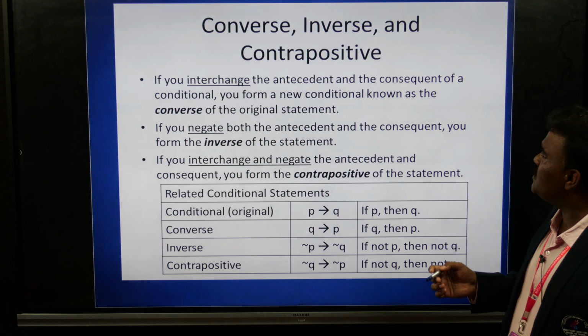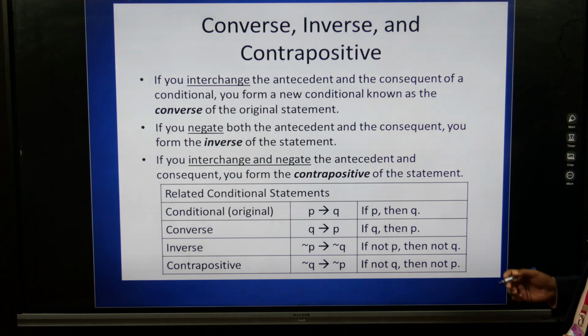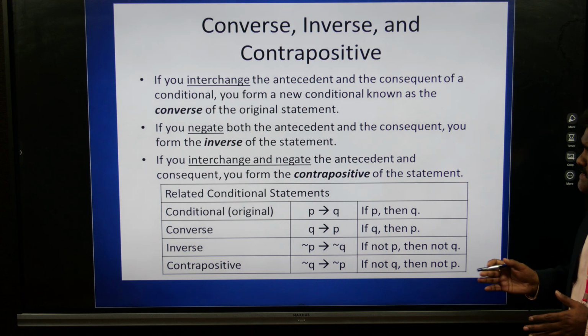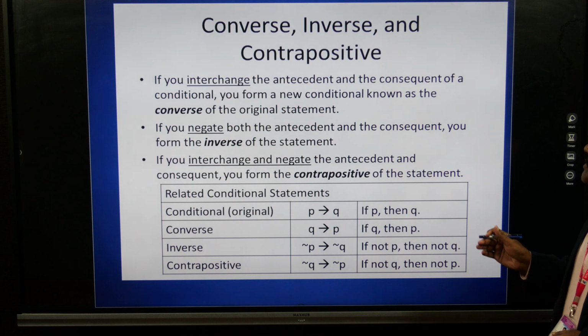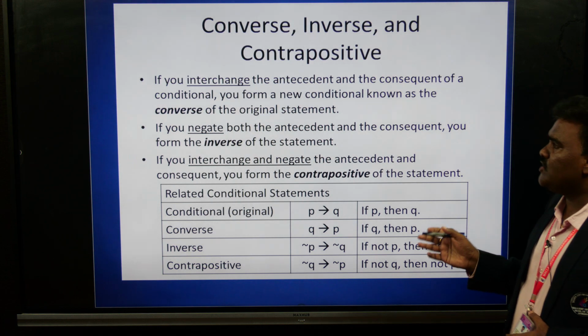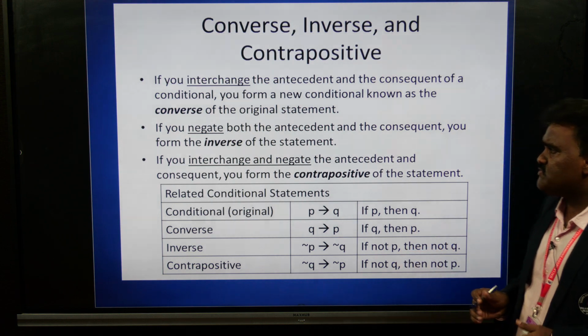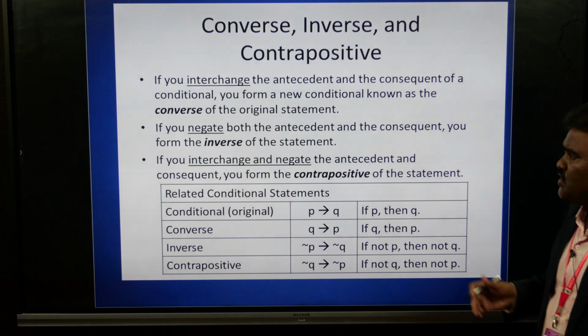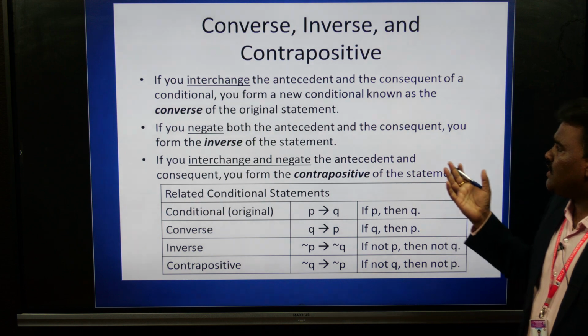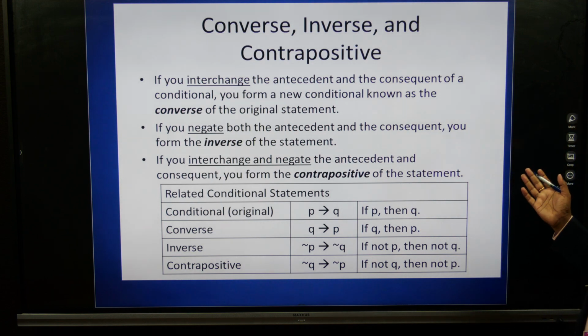Now we'll see the converse, inverse and contrapositive. If you interchange the antecedent and the consequent of a conditional, you form a new conditional known as the converse of the original statement. First we take the original statement; if you interchange the values, you get the converse. If you negate both the antecedent and the consequent, you form the inverse.